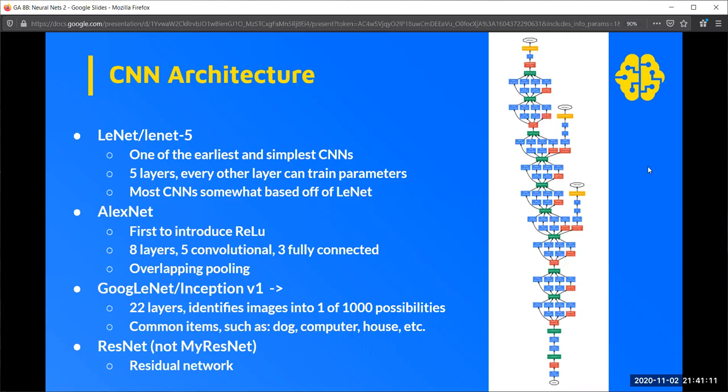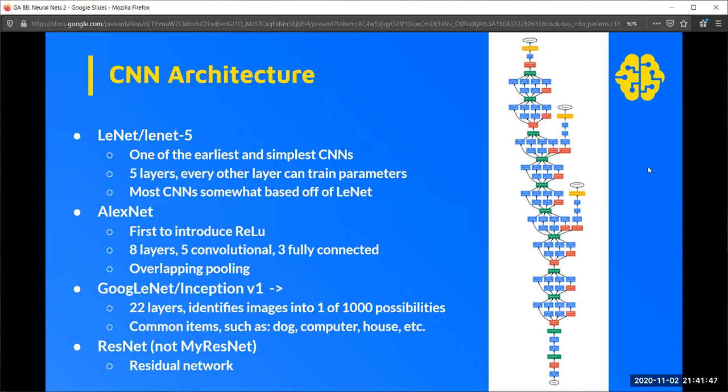So if we had a 9 by 9 and we were doing blocks of 3, so a 3 by 3 and a 3 by 3 and a 3 by 3, instead of splitting that 9 by 9 into 3 chunks of 3 by 3, you could maybe do 5 of them and overlap the way you're splitting it up. Does that make sense? So they did overlapping pooling, which also made it more accurate.